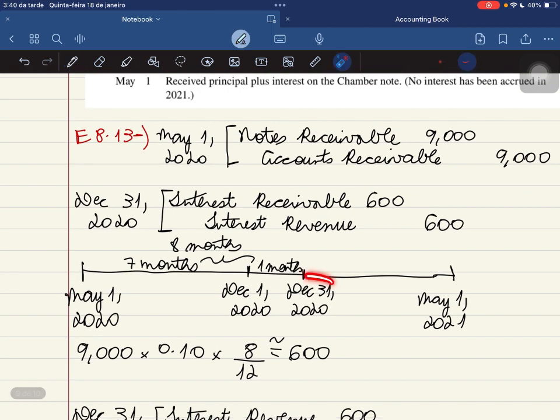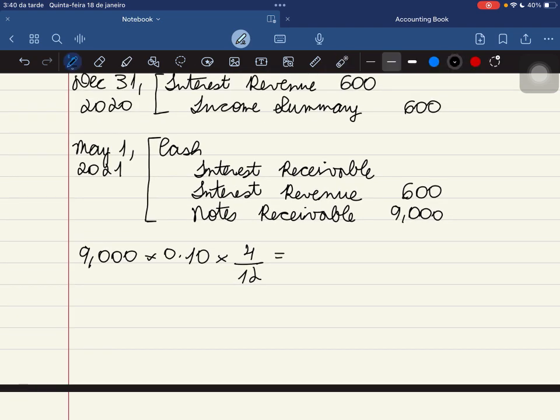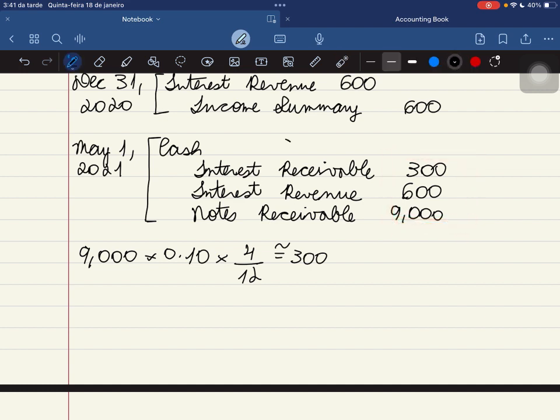Because until December 31st, we had 8, and it was a 1 year note, which means that from here to here, we have 4 months. That is approximately 300. So 300 here. And then for the cash, we just add all of this up, which is going to be 9,900.